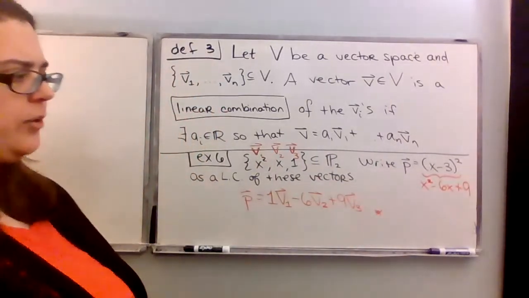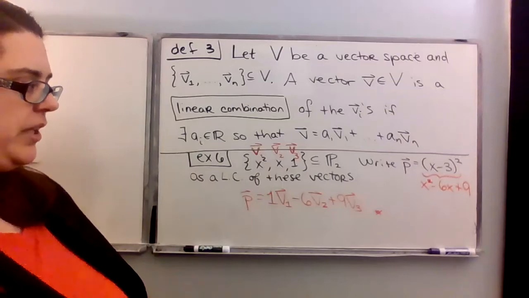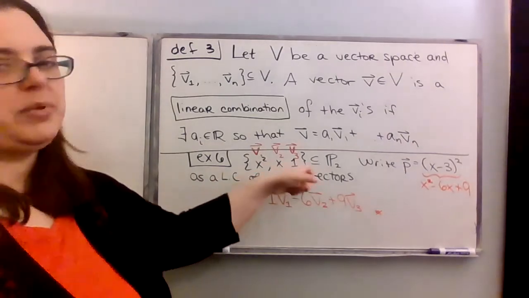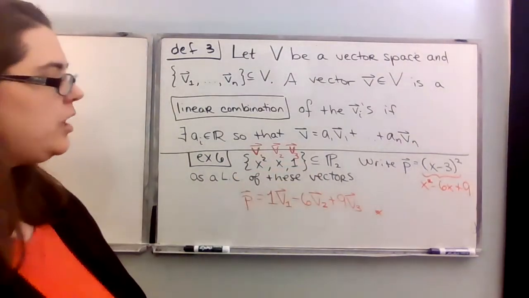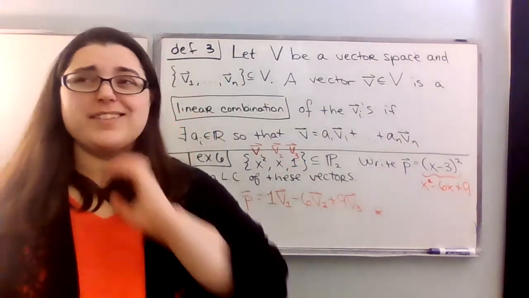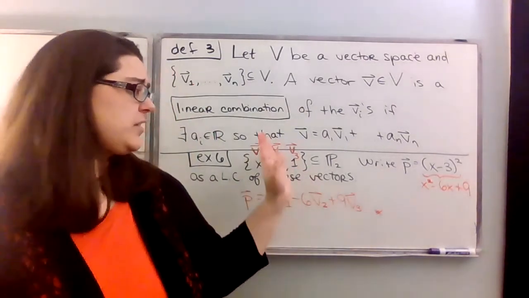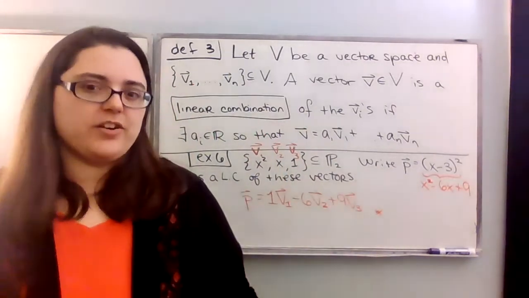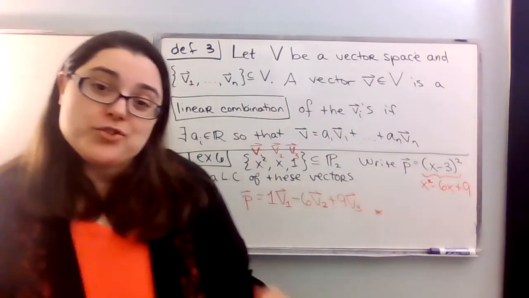And that's it. All we had to do was figure out how to write p in terms of these three pieces. I purposely wanted to pick an easy example to start out with, because if it's quite tough, it gets a little bit tougher to do. We're going to see that in a future video.